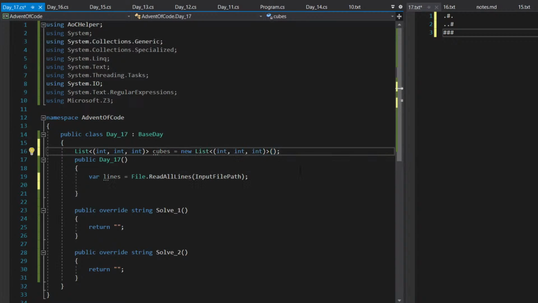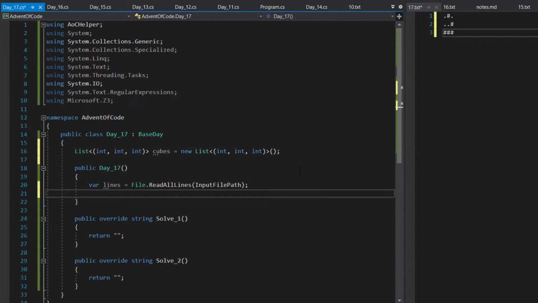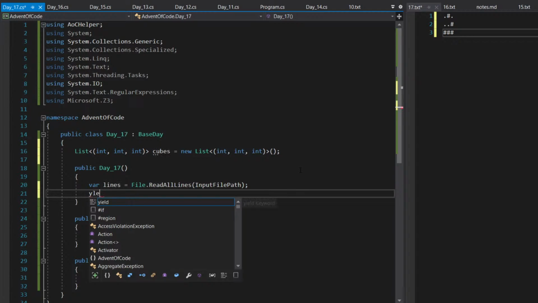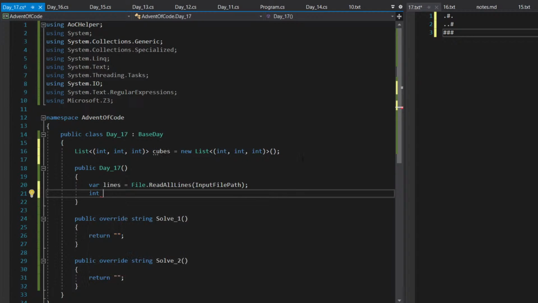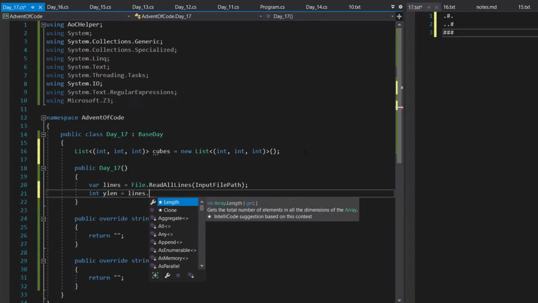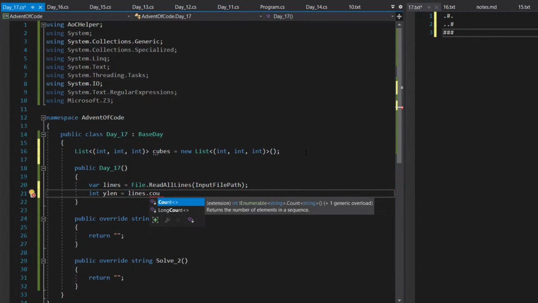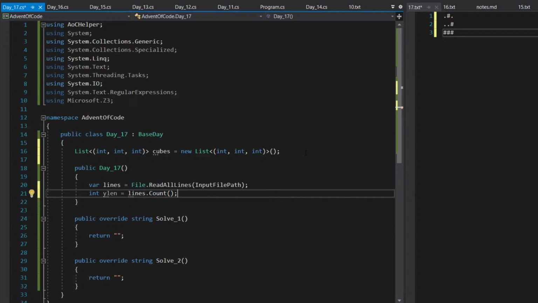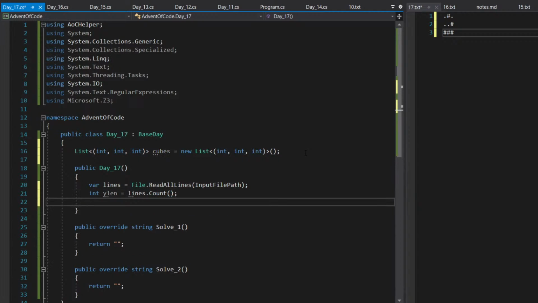These are cubes. Lines, read all lines. This is the Y length, right?